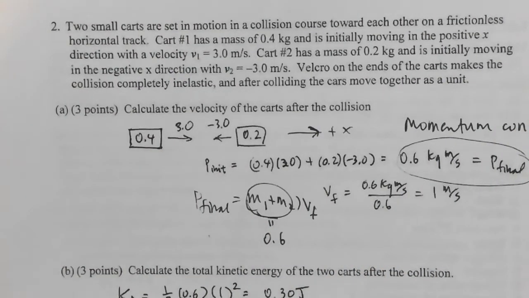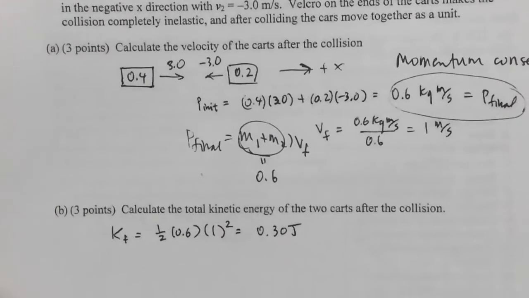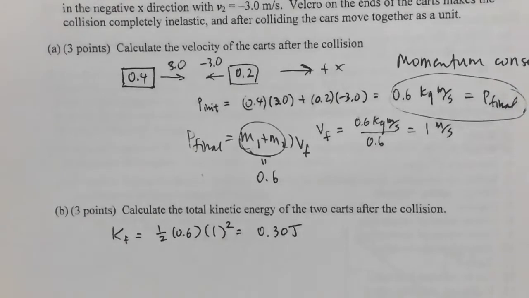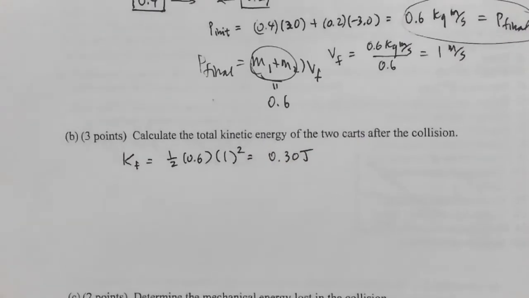Any questions about this so far? Conservation of momentum gives you the final speed of the carts when they're stuck together. Now we're going to calculate the total kinetic energy of the two carts after the collision.